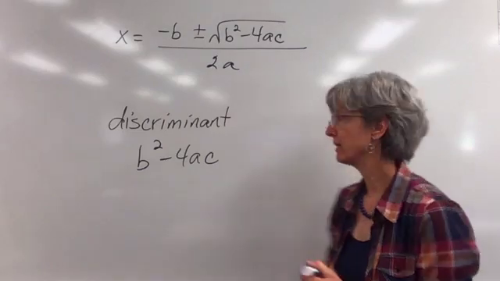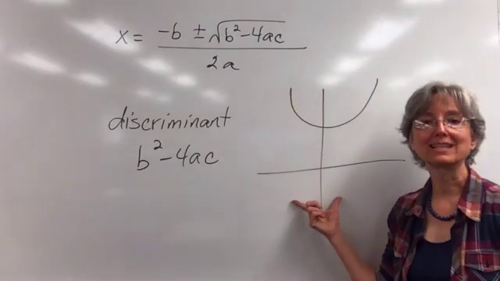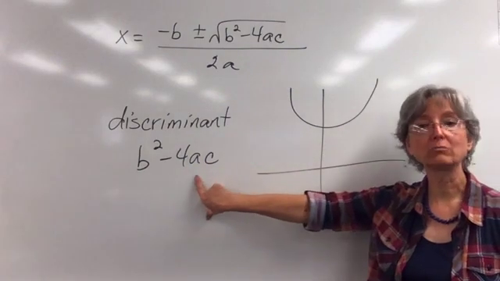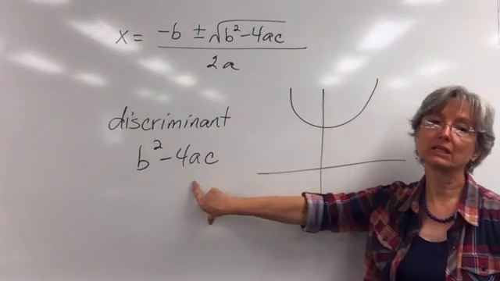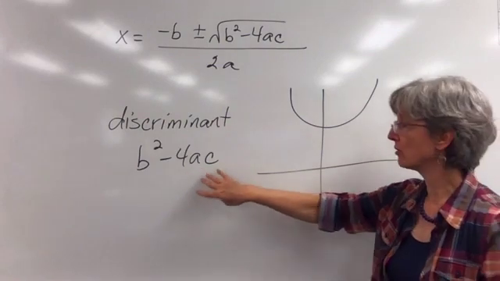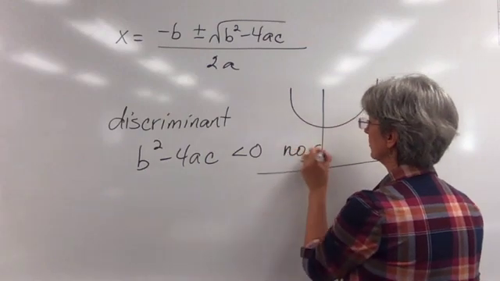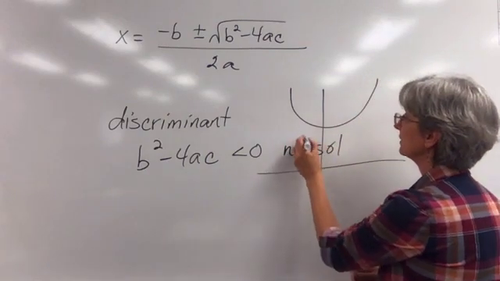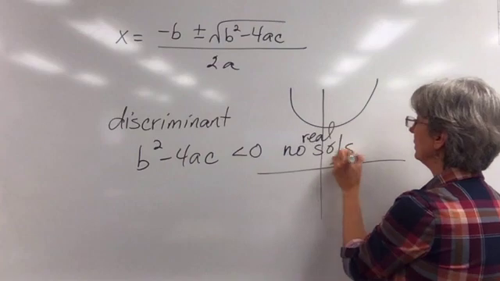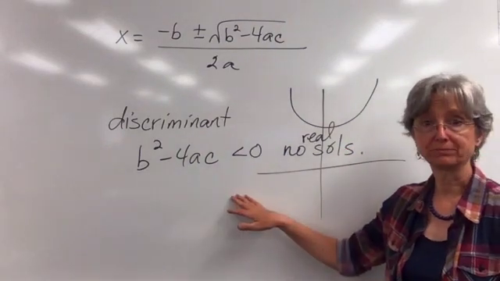So you would have an example of, if you have a quadratic and it never crosses the x-axis, this b squared minus 4ac would end up being a negative number. No solutions. So if this is less than 0, there's no real solutions in that type of situation.